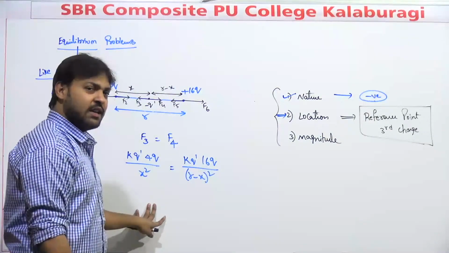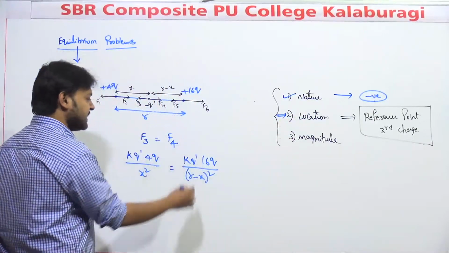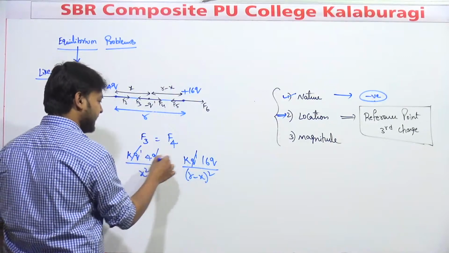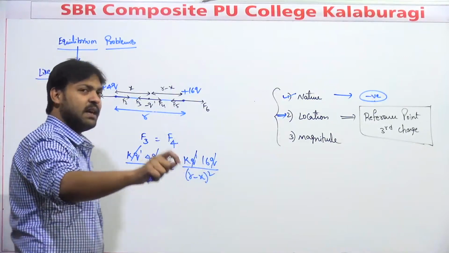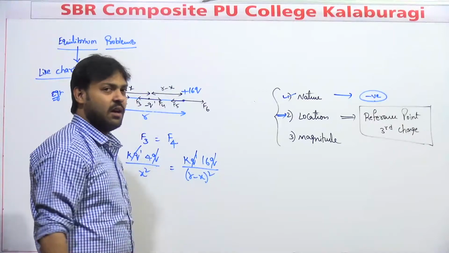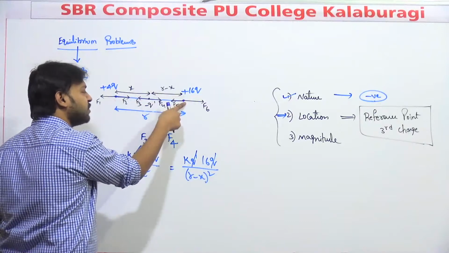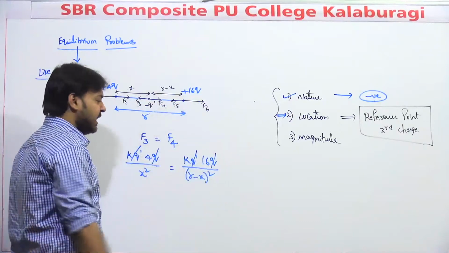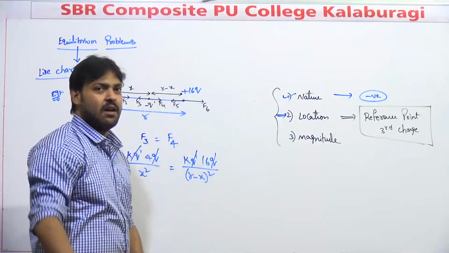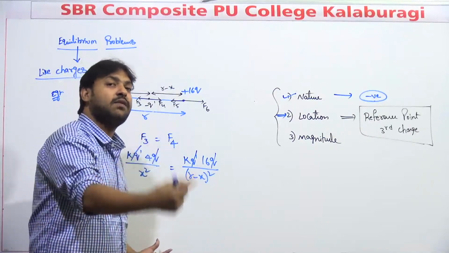Clear about this point? Why do you consider the frame of reference as the third charge, sir? See, everything will be cancelled here. So q won't be there in the expression and q dash also won't be there. Leaving this third charge as reference, if you take any one of these two, then q and q dash will be there, and the x value will come in terms of q1 and q2.